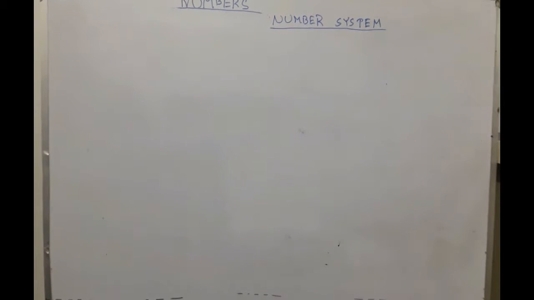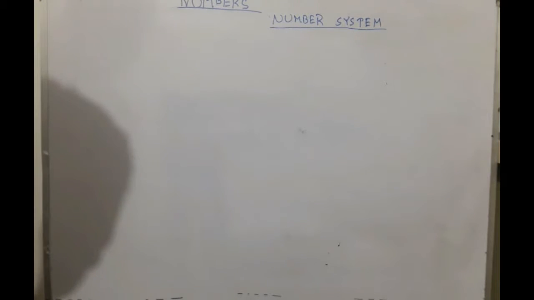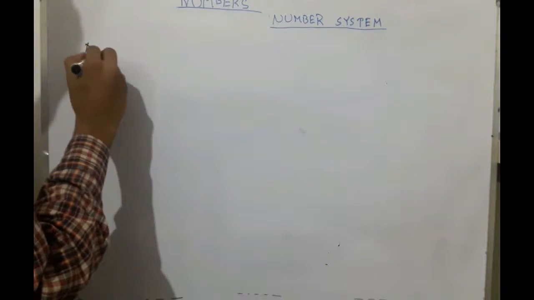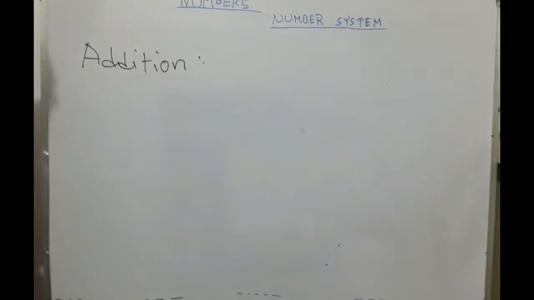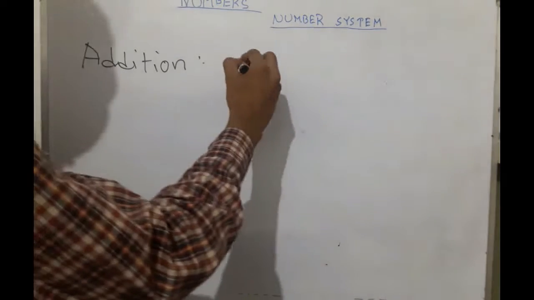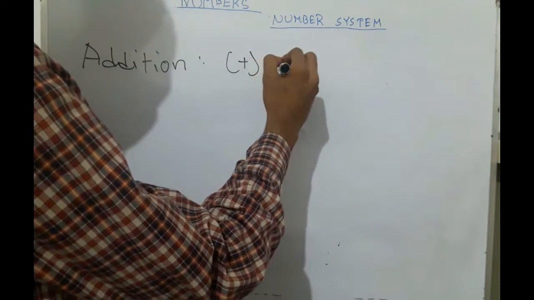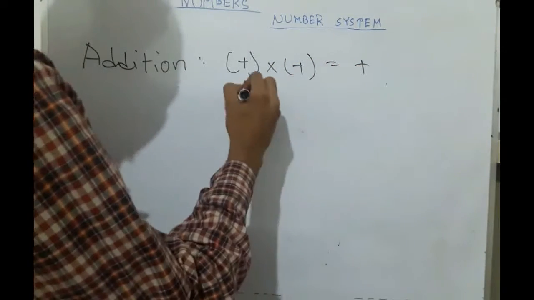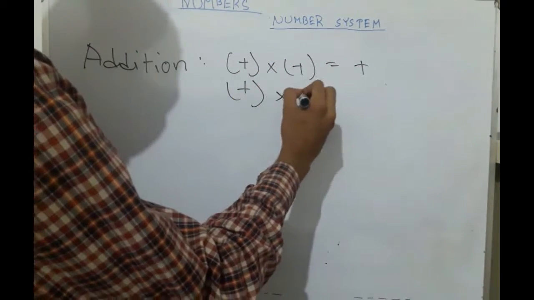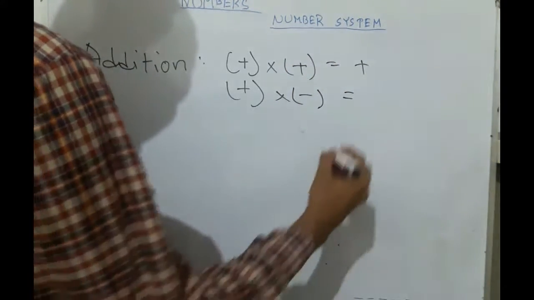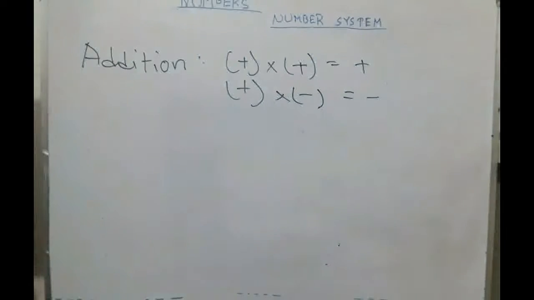We all are familiar with addition, subtraction, multiplication and division. Rules of signs for adding two real numbers. Addition. We all must know that positive plus positive equals positive, and positive plus negative equals negative.